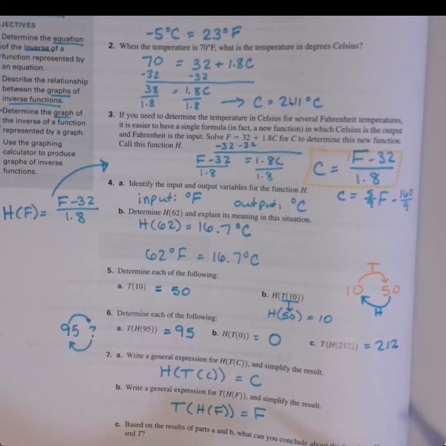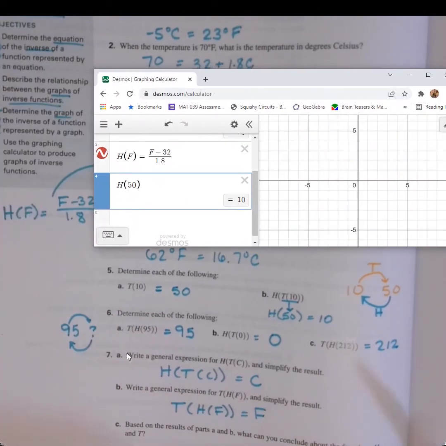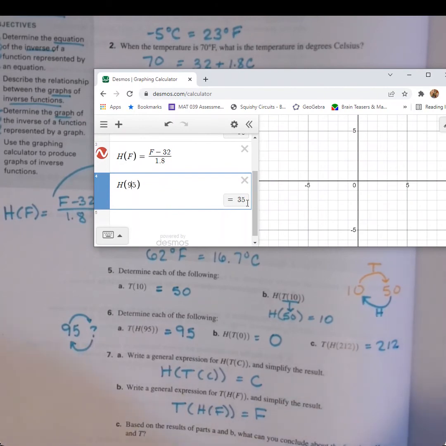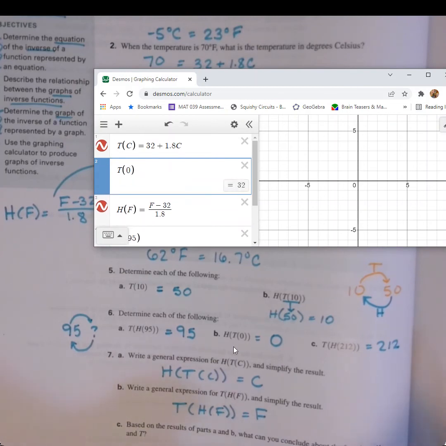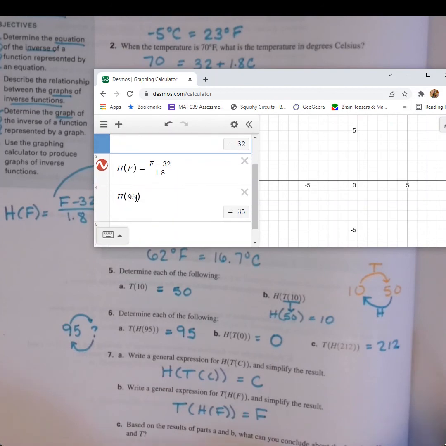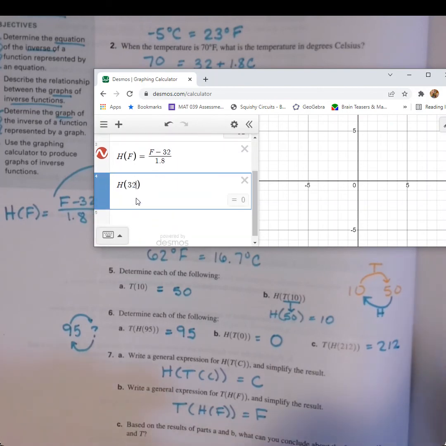So we can check. If I am doing t of h of 95, that would put 95 into h. The output is 35. Then it would put 35 into t. I get 95 back. If I did h of t of 0, 0 goes into the inner function t first. Then 32 goes into the outer function h.